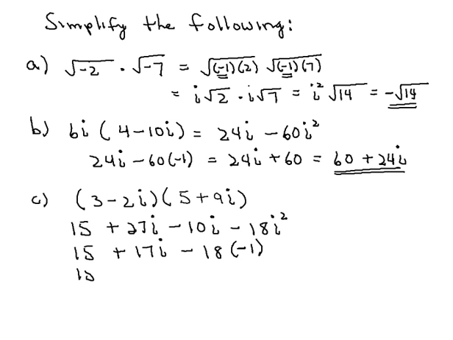Then we have 15 plus 17i, and then that product will give us 18 there at the end. And so now if we add the 15 and the 18, that will give us then 33 plus 17i as our final answer here. And again, note, it's in a plus bi form, where we have the real part first and the imaginary part second.